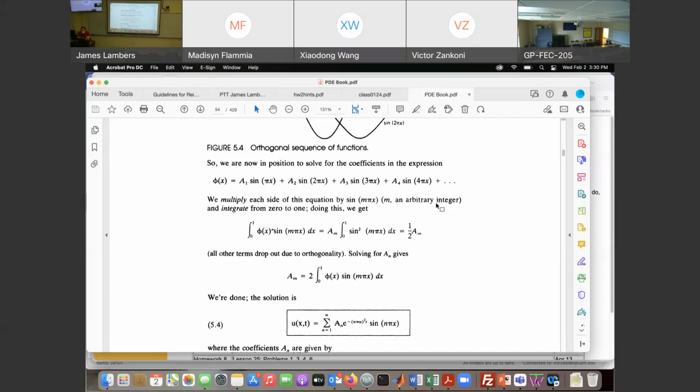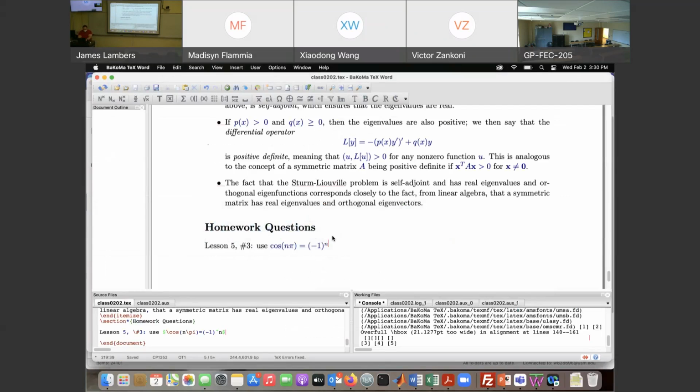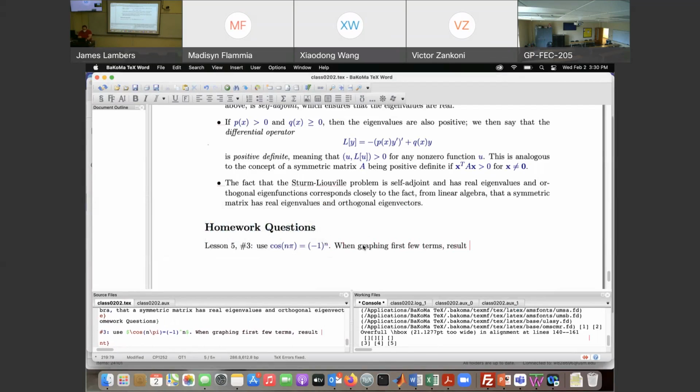And so the Fourier sine series, I'm going to comment about that in the notes. So graphing the first few terms, what you get should kind of converge to the function you're taking the Fourier series of.